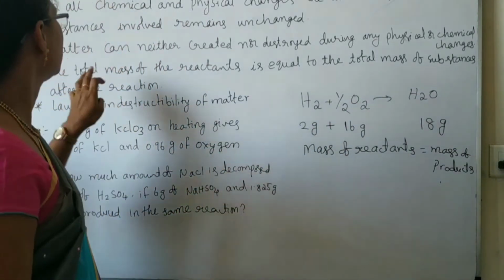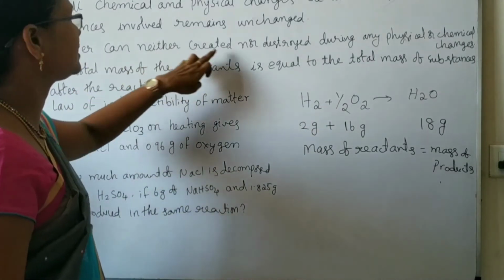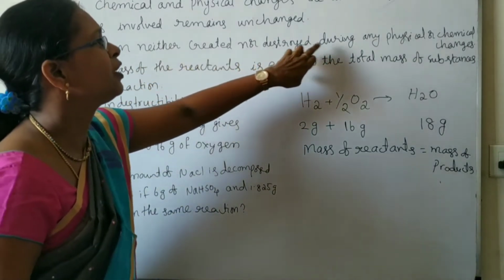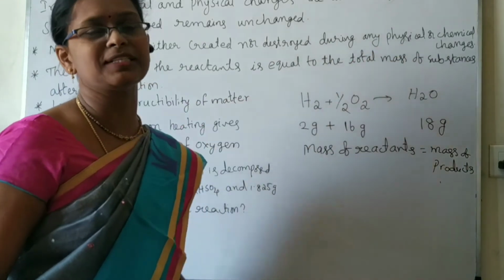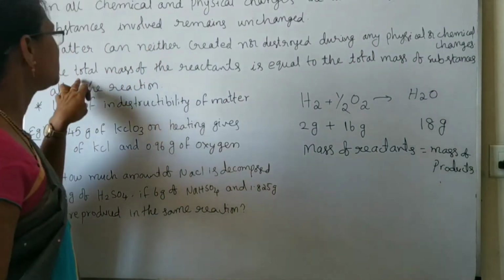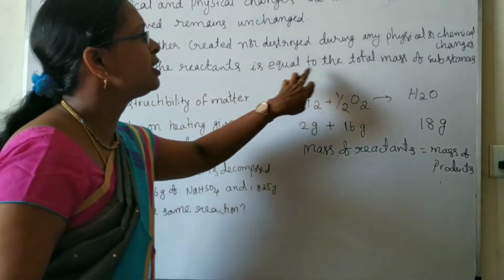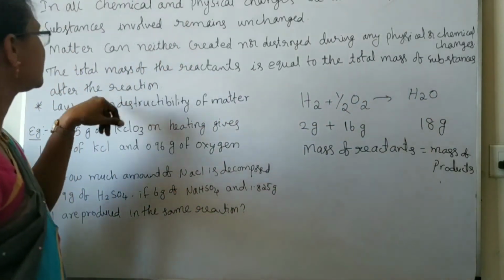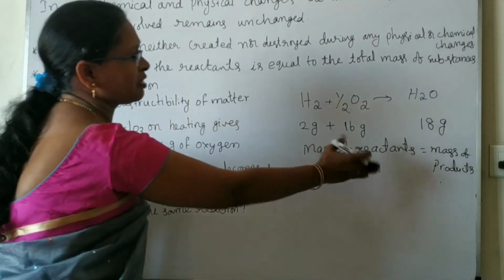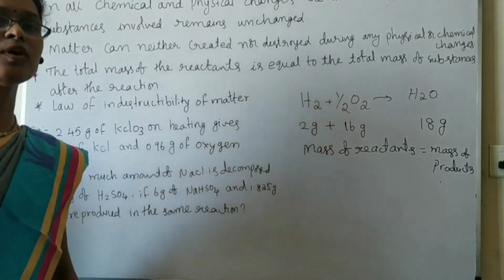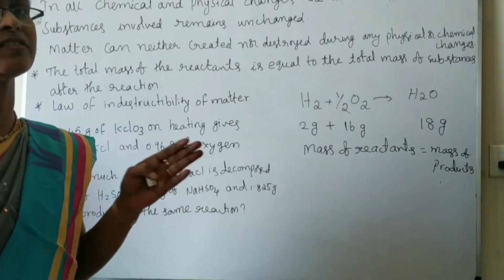And the other definition: matter can neither be created nor destroyed during any physical or chemical changes. Total mass of the reactants is equal to the total mass of the substances after the reaction. The same way here we can say. Okay. So this is what we are explaining about the law of conservation of mass.